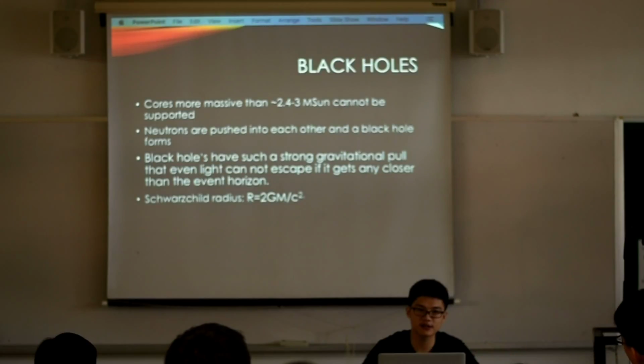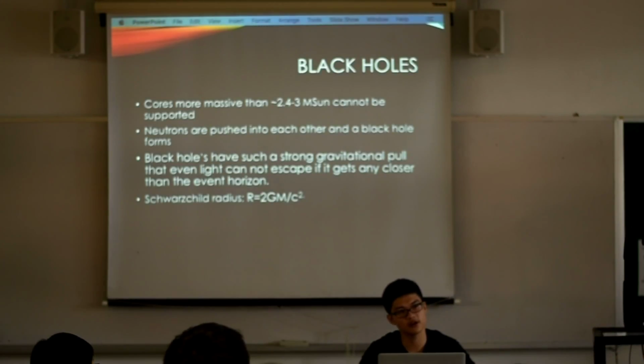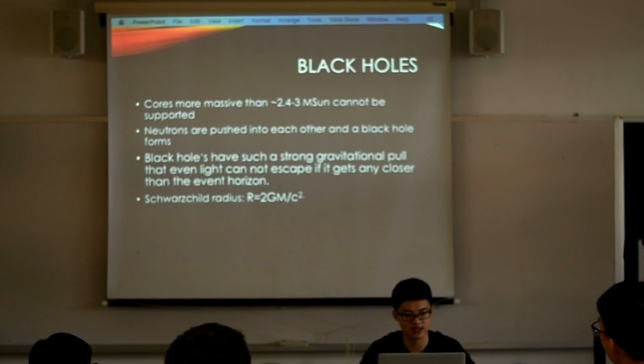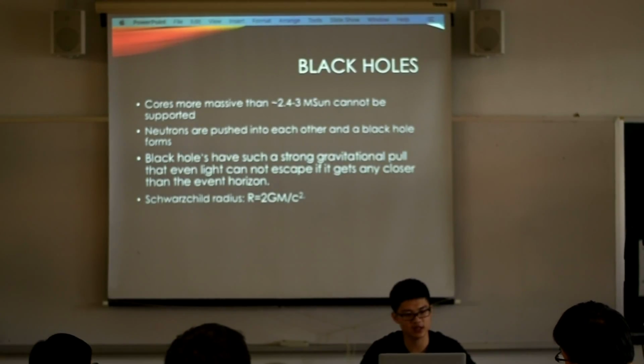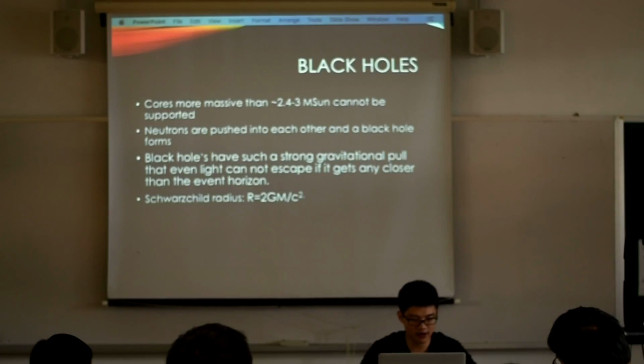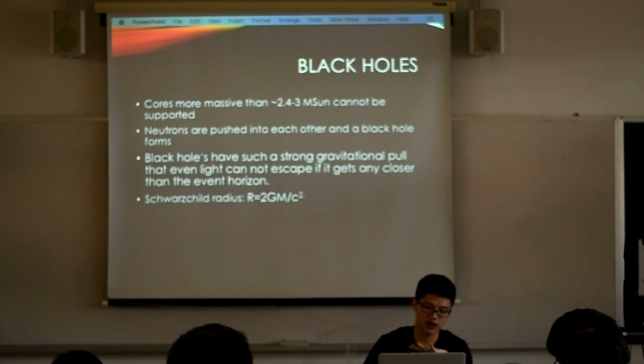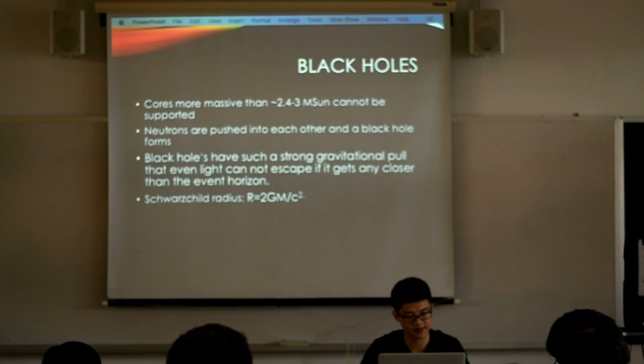The black hole has its name because it has a gravitational pull which is so strong that even light cannot escape from it. So it is absolutely black. The points at which the light cannot escape are called the event horizon.